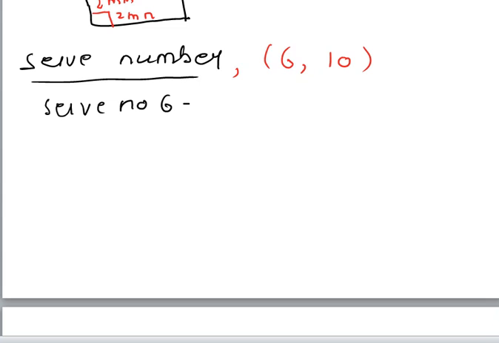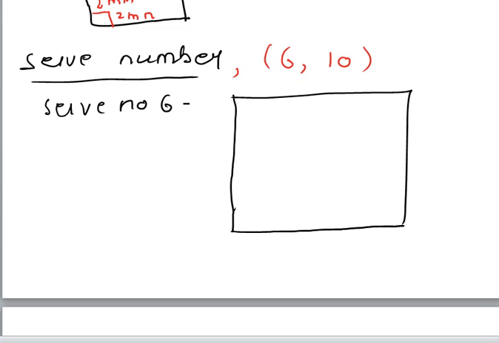Let this be the sieve. Now you consider 1 inch length in two different directions, because you have to make a square actually. So let this be the square of 1 inch.